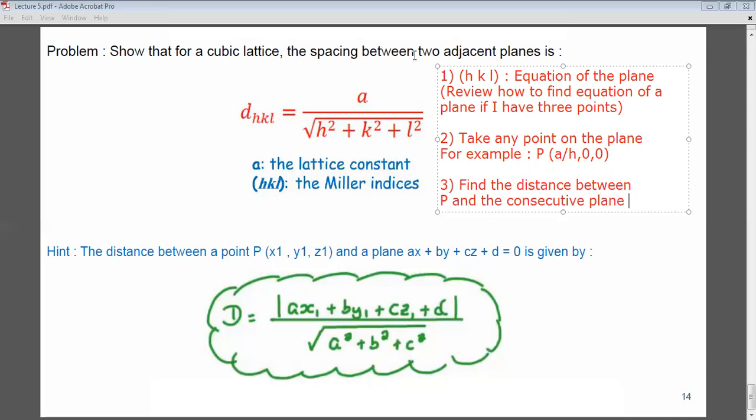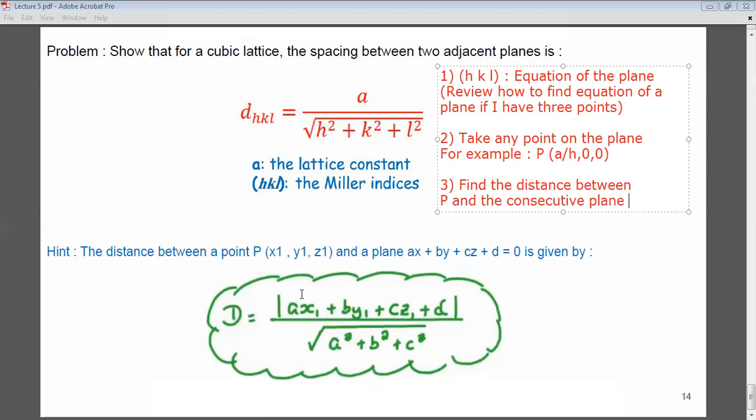So if this is HKL and you find its equation, it must be something in terms of a. The new one will be the same but with a plus 1 instead of a. And here is the formula: the distance between a point P, which has components x1, y1, z1, and a plane of this form is given by this formula.